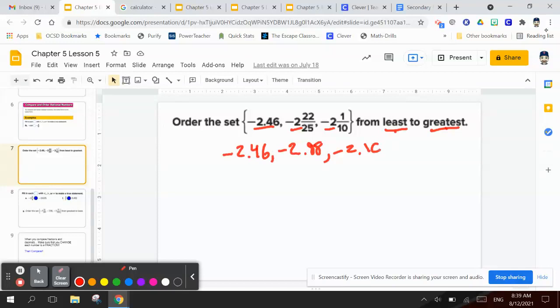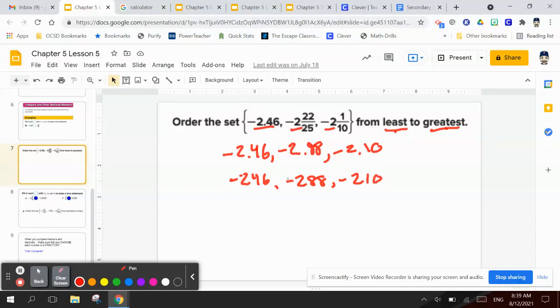So I need to add a 0 so they each have 2 numbers. So now as I look at those, I think of negative 246, negative 288, and negative 210.